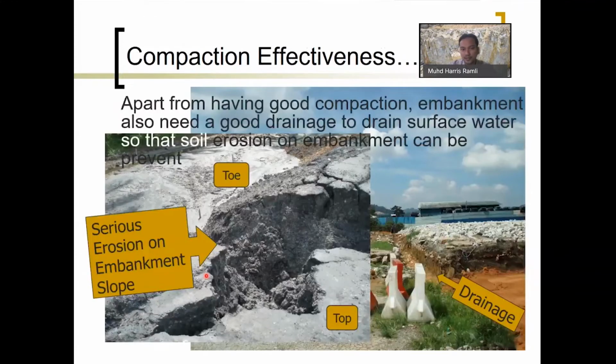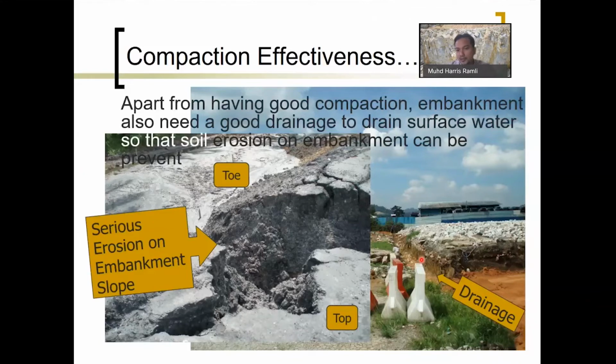If not, then first you have embankment erosion. If it's erosion, somehow it still can be visible. Which is why it's very important that you have proper drainage. When you have proper drainage throughout the whole site, you will be able to manage the surface runoff of the water.